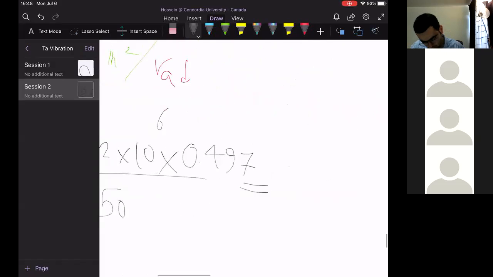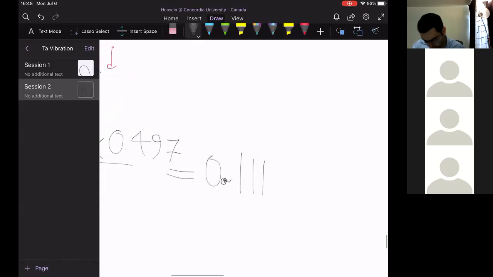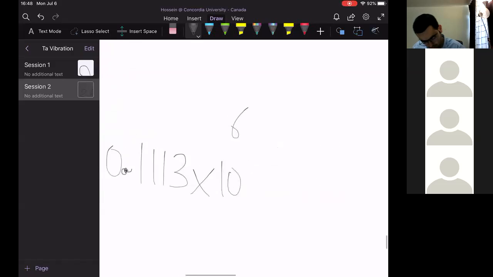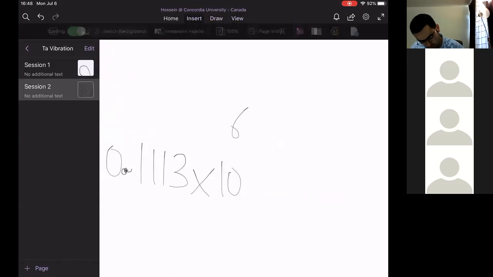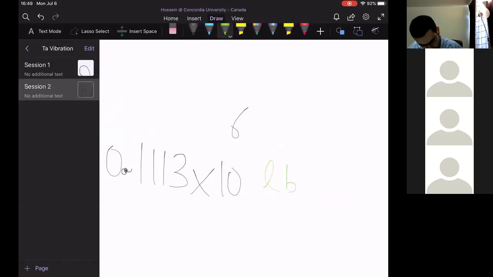Therefore, which is equal to 0.1113 multiplied by 10 to the power 6, and the unit is pound inch over radian.